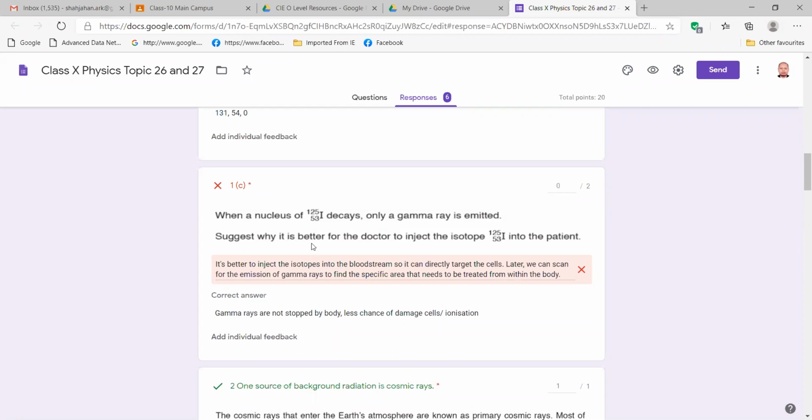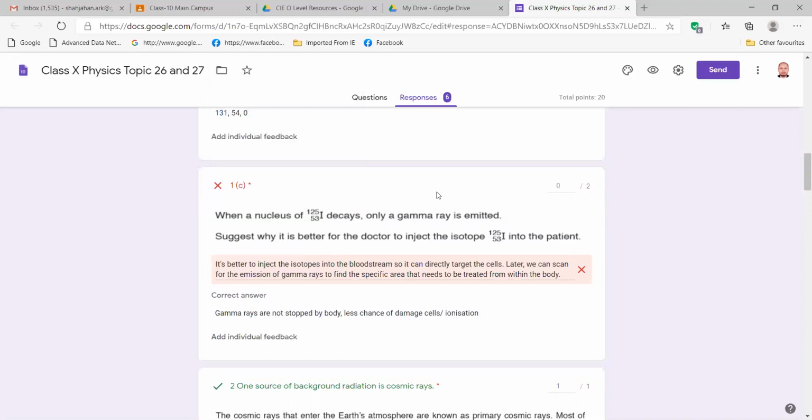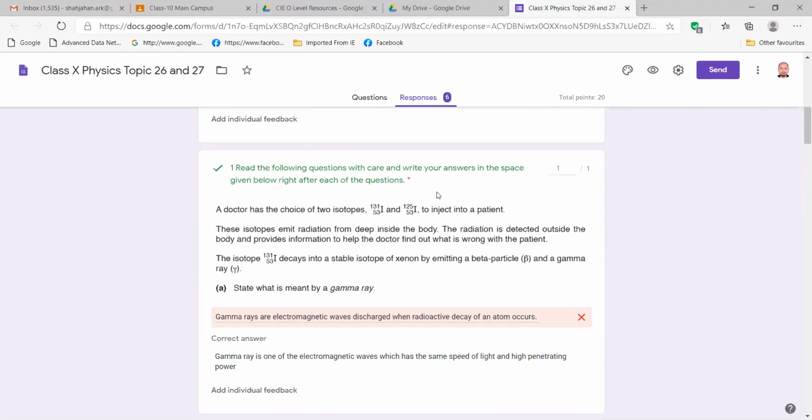So the main thing is, if we consider iodine 125, that one has only gamma rays, other than the other iodine we have. Look, the other iodine, iodine 131, also emits beta and gamma.